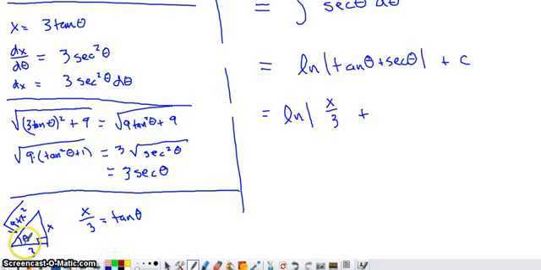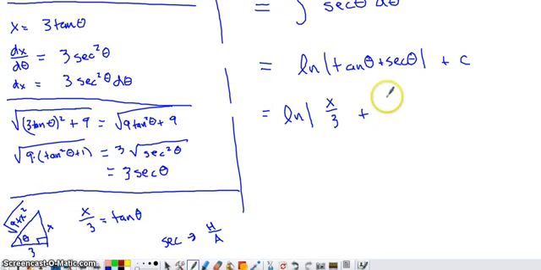Now the reason why the triangle is drawn here is so that we can properly replace secant of theta. Secant is the reciprocal of cosine, right? Secant is 1 over cosine, and cosine is adjacent over hypotenuse. And the reciprocal of that would tell us that secant is going to be hypotenuse over adjacent, right? The reciprocal of cosine, h in the top, a in the bottom.